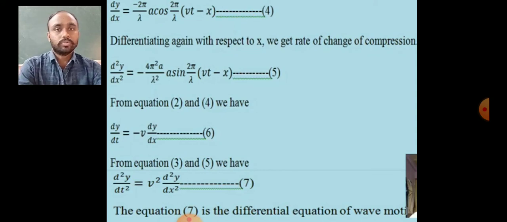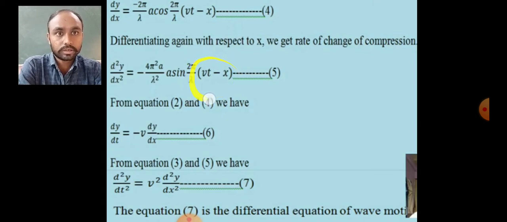Okay. So, slowly, we keep minus 2 pi a by lambda as it is. Write in your notebook. Then the derivative of cosine is minus sine. So this minus sine 2 pi by lambda (vt minus x), and again the derivative of the inner theta.